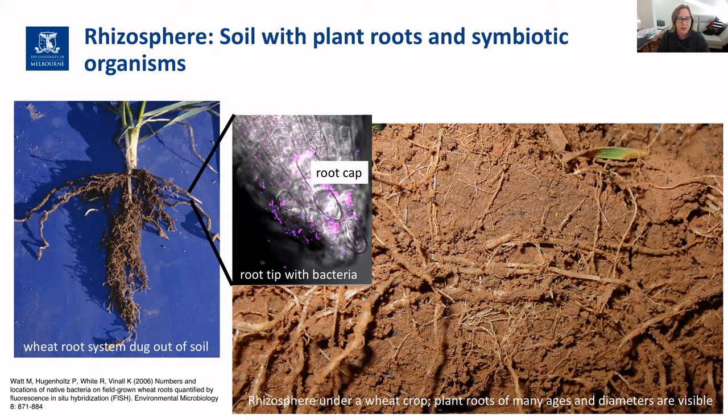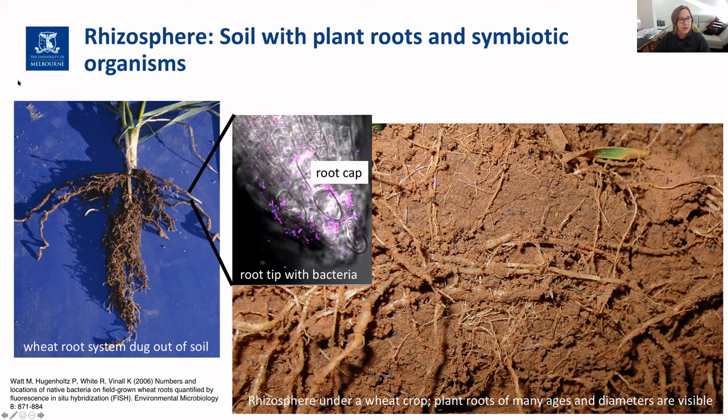So the rhizosphere had a definition of being the soil outside of the root influenced by the presence of the root. But it's much more conceptually useful to combine both the root and the associated soil that is influenced by the root in one zone termed the rhizosphere. And this is the way I'm going to refer to the rhizosphere in this talk today.